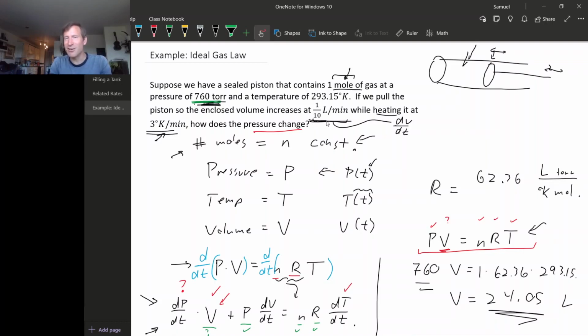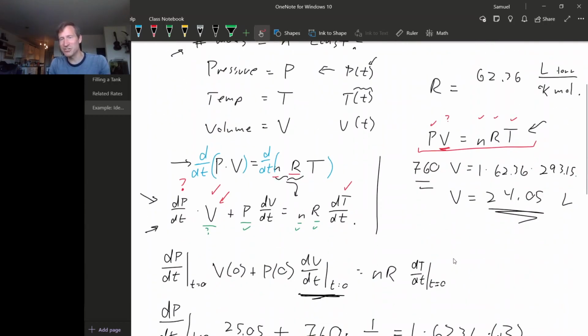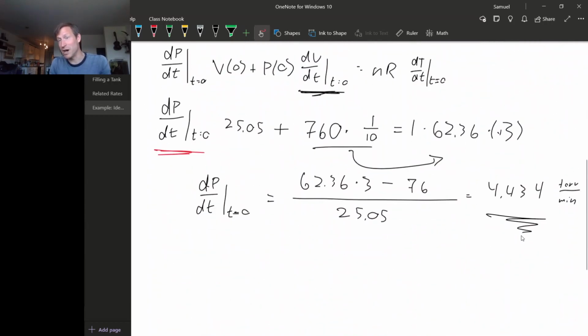But on the other hand, all else being equal, increasing the volume in which the gas is enclosed decreases the pressure. So at the beginning, it wasn't clear whether the pressure would be going up or down, right? Which is going to win, the heating it up, which will drive the pressure up, or the expanding the volume, which will drive the pressure down? But now we know. In fact, it looks like the pressure is going to be going up at a rate of about 4.4 torr per minute.